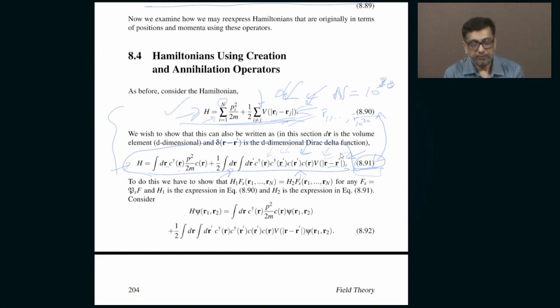If you think about it, it's hard to believe, because on the one hand 8.90 has 10 raised to 20 or 30 variables, as many as there are particles, but here in 8.91 it does not seem to reflect the number of particles. It's basically at most 2, r and r dash.